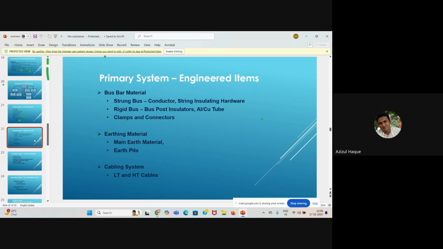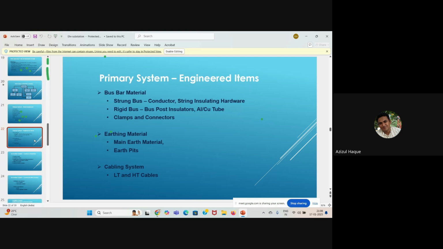Again, each equipment has many types of connectors, rigid connectors, flexible connectors, and then again, whether aluminum tube is to be connected to that equipment or conductor is to be connected to that equipment, depending upon that, the connector will change.